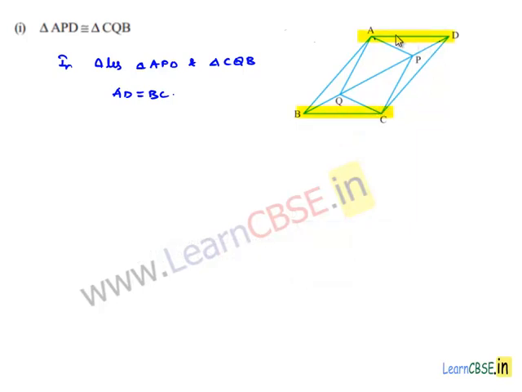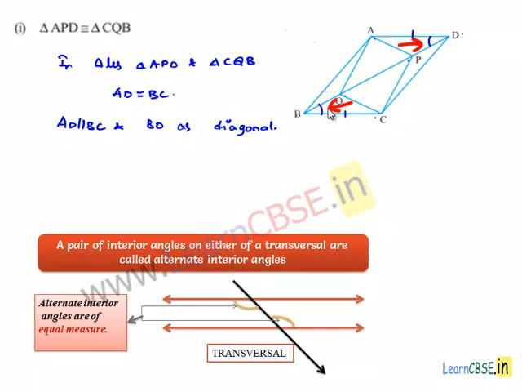And next, let us consider that AD is parallel to BC and BD as diagonal. Then we get angle ADP is equal to angle QBC, as AD is parallel to BC and BD is a transversal. We can say the alternate interior angles about the transversal will be equal.